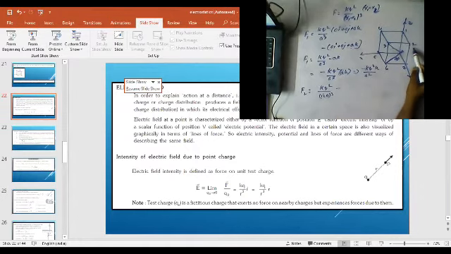This is in z and y, so it is minus aj minus ak. This is our value. Got it?